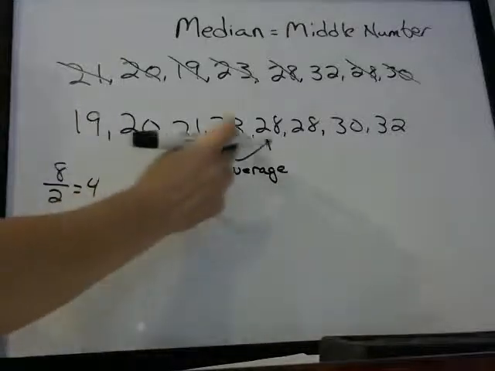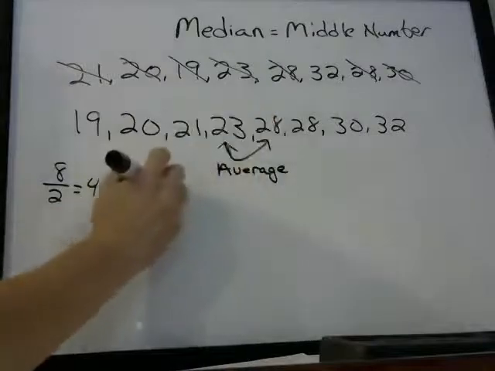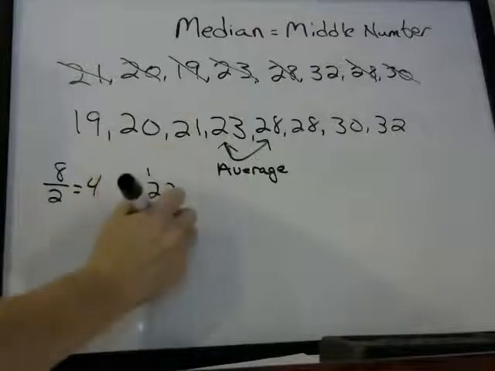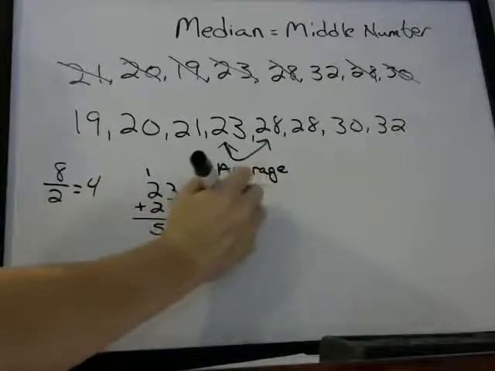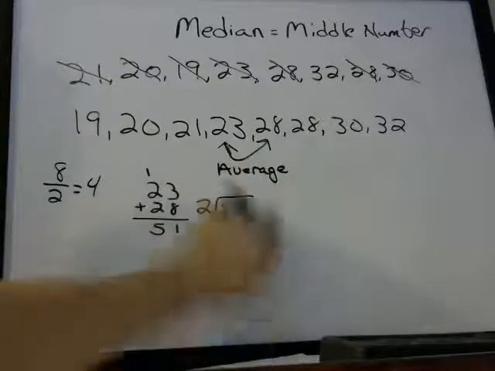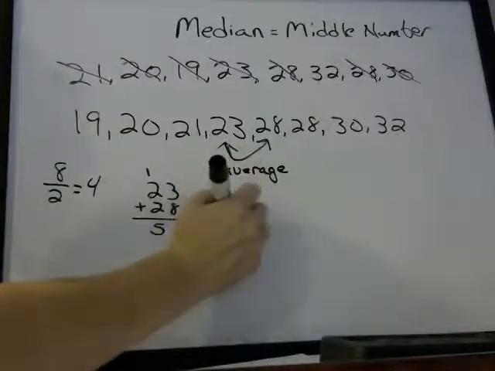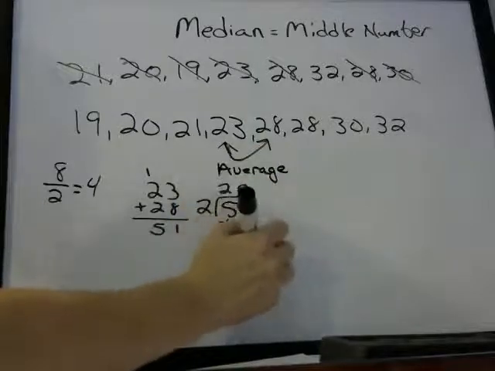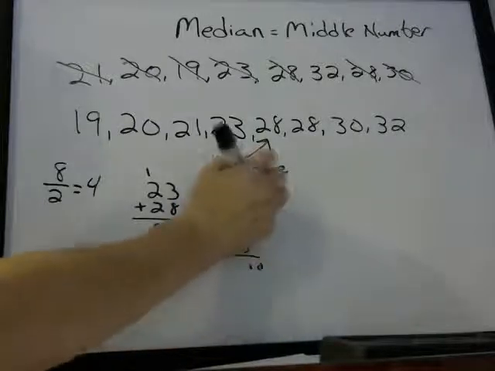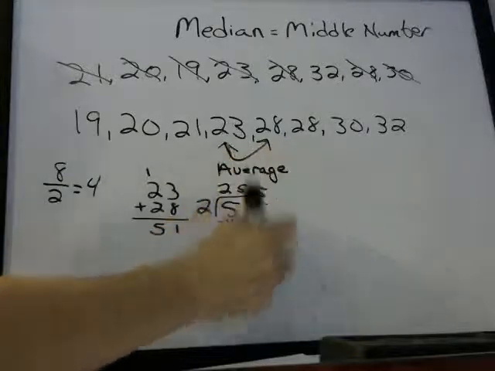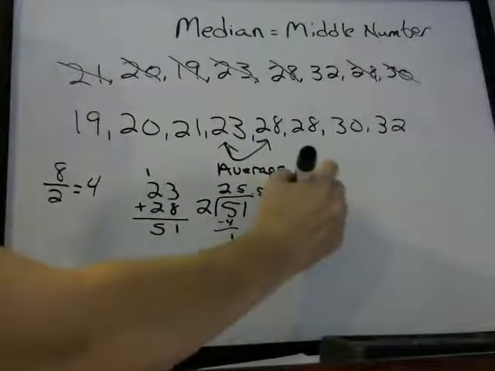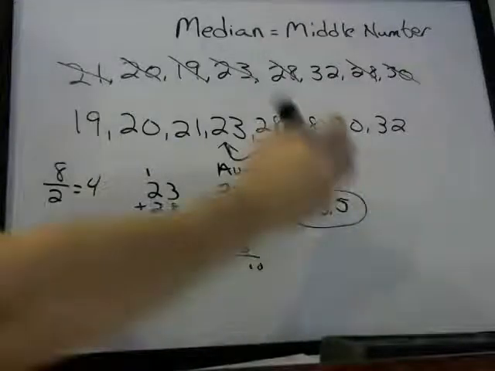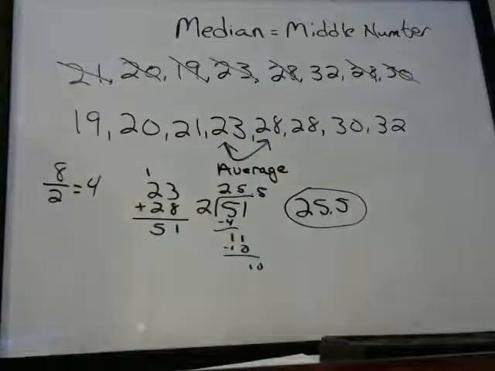But very simply, we have 23 and 28, so we're going to add them up and divide by 2. So the average between those two numbers is 25.5, and that is the median.